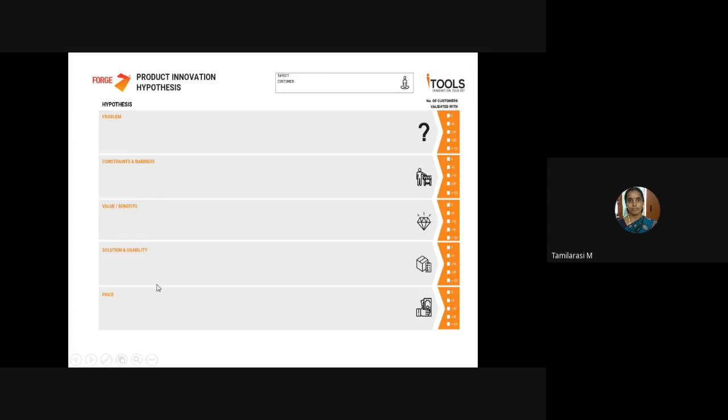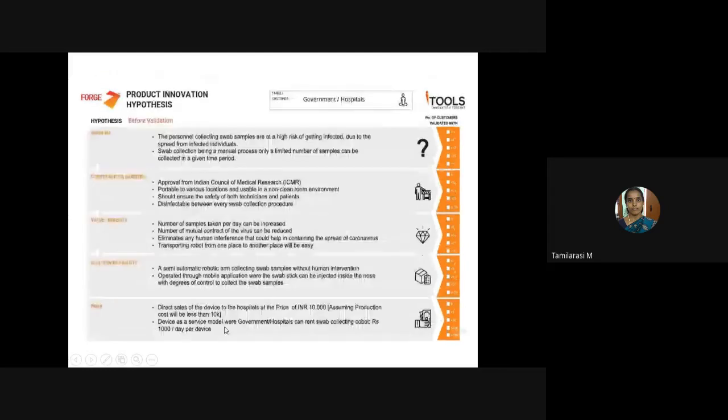What exactly are you going to provide as a solution for the problem, and then the budget of your project. So you have to define the problem clearly, then what the constraints are to implement the solution for that problem, what benefits can be obtained if we solve this problem, what is the solution for this problem, and what will be the budget for the solution. So these things you have to know.